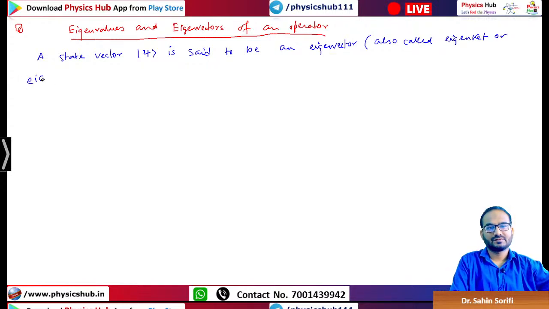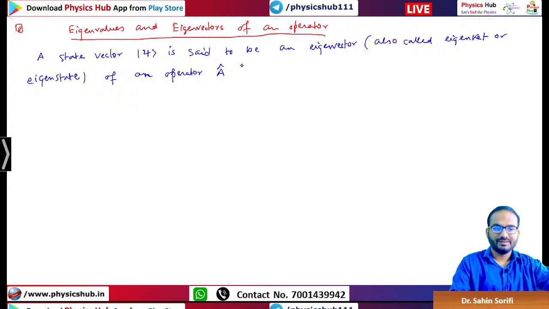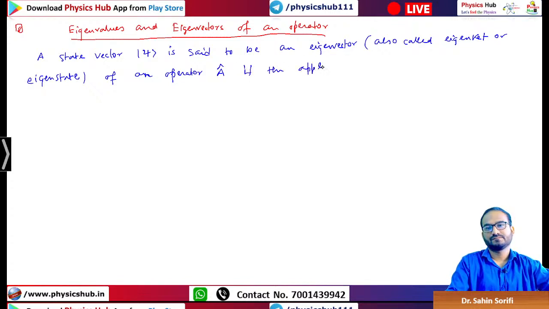Many similar synonyms are there, of an operator, let's say A. So a state vector ket psi is said to be an eigenvector of an operator A if the application of A to psi gives, as usual, A operates on psi, it will give you eigenvalue small a psi.